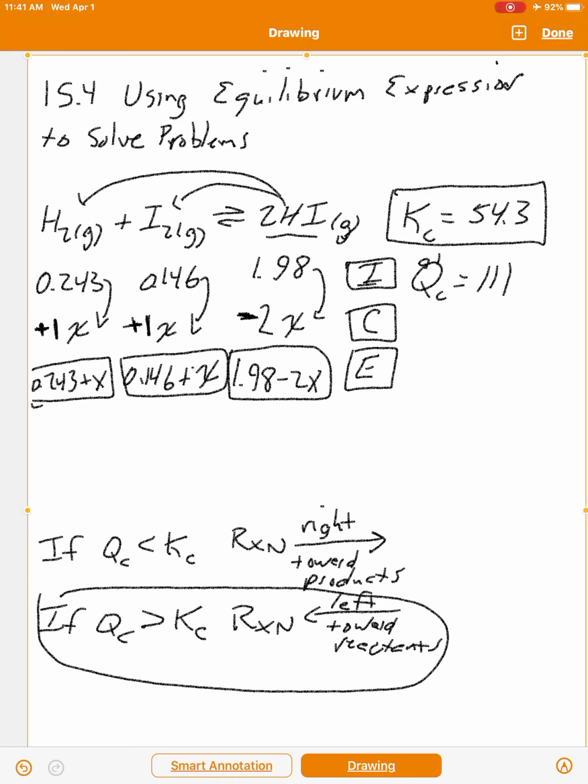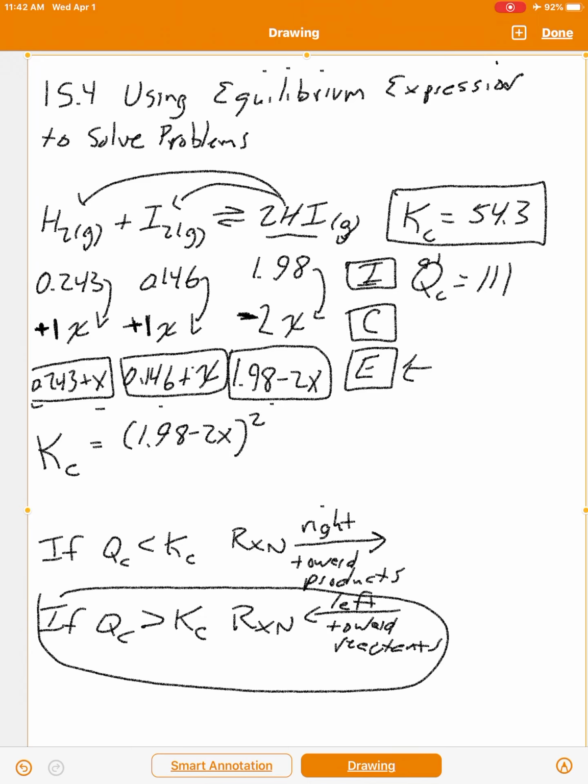Okay. And so this is an equilibrium problem. Now what I'm going to do is take those and say, wait a minute, this is at equilibrium. So that means we can substitute these directly back into our equilibrium expression. Equilibrium would be the concentration of HI squared, so that would be 1.98 minus 2x squared, right?